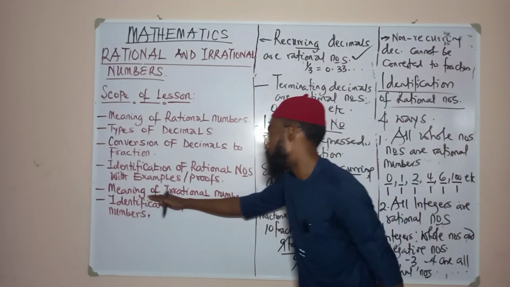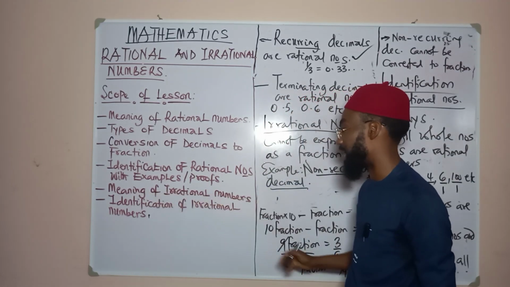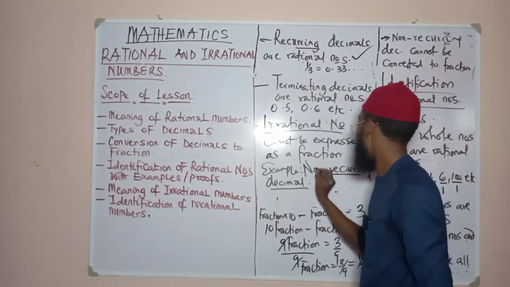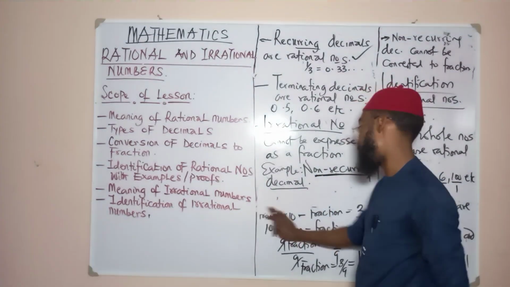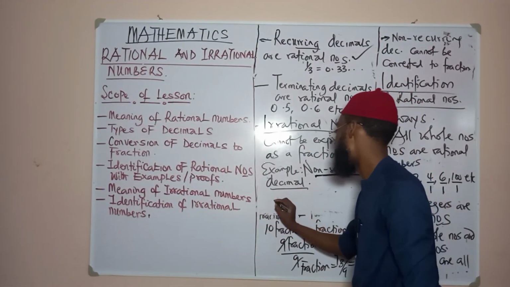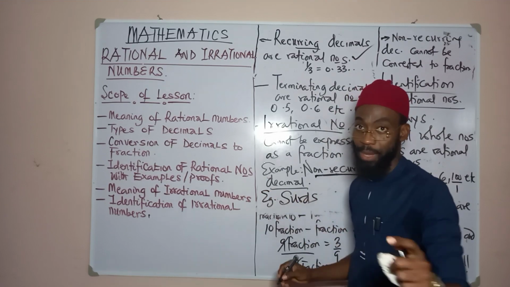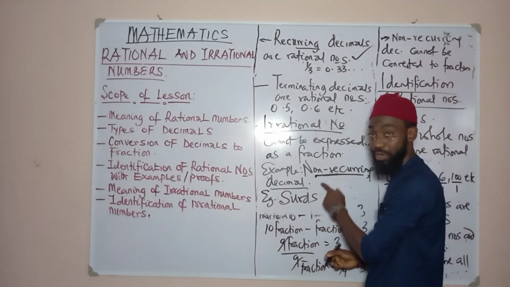So we've explained what an irrational number is, and then how to identify it. Only one way: they are non-recurring decimals. And of course, these non-recurring decimals are the surds we know. Remember when we talked about surds, we told you that surds are also non-recurring decimals.